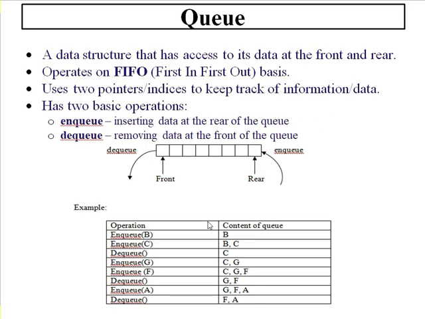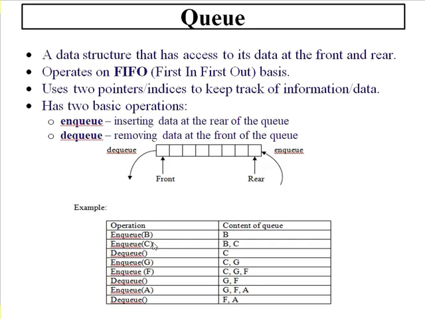For example, if we have this set of operations to be applied on the queue: enqueue B will add B into the first slot.